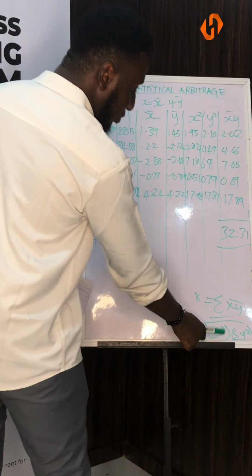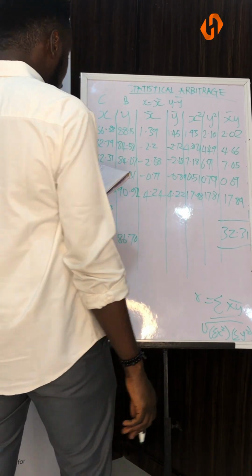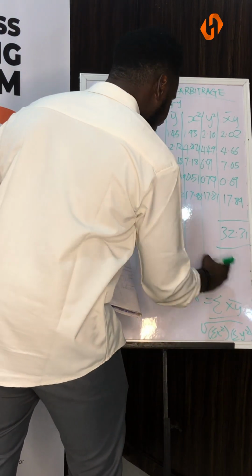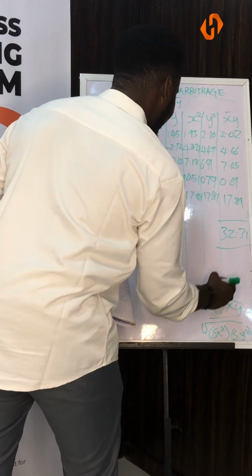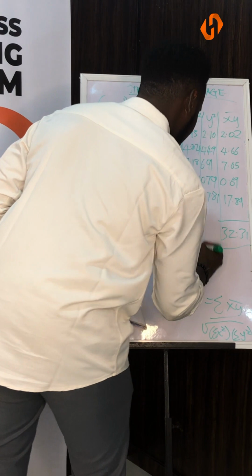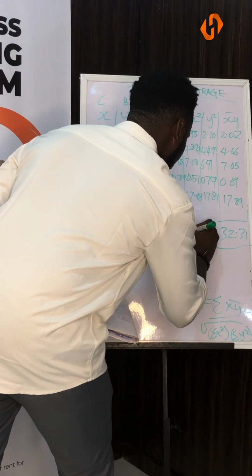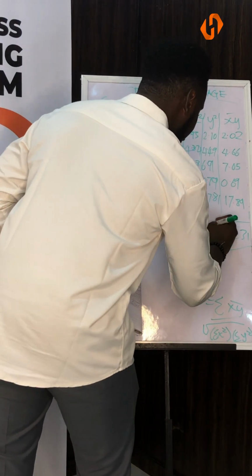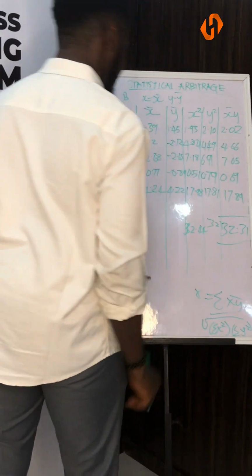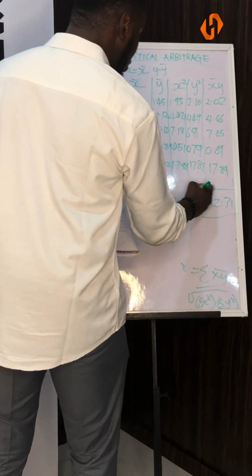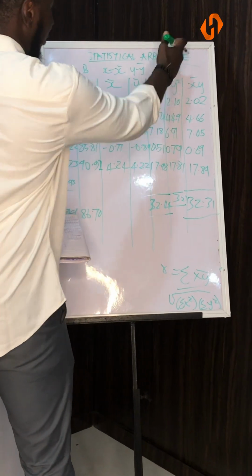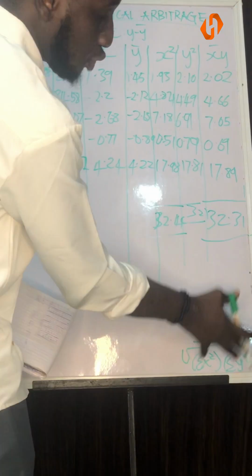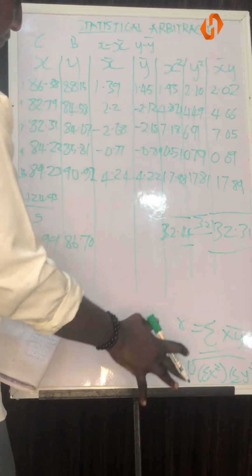Now this is summation x square, and the value we get is 32.44. While summation y square we get 32.1. So we've gotten the individual summations for these figures, because these figures are going to replace the terms in this formula.